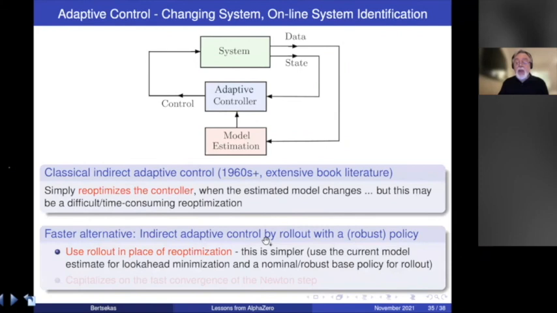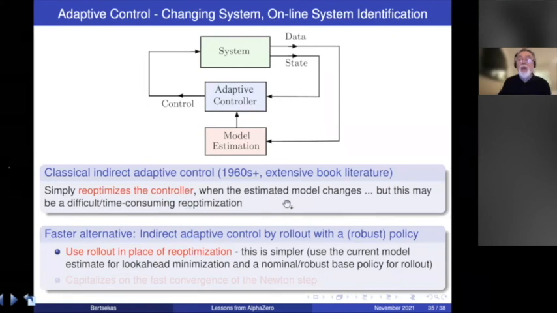You use multi-step lookahead that takes into account the current model as estimated by the system identification process, but the rollout itself uses some robust policy. However, all of this involves a Newton step. So we use a Newton step instead of re-optimization.